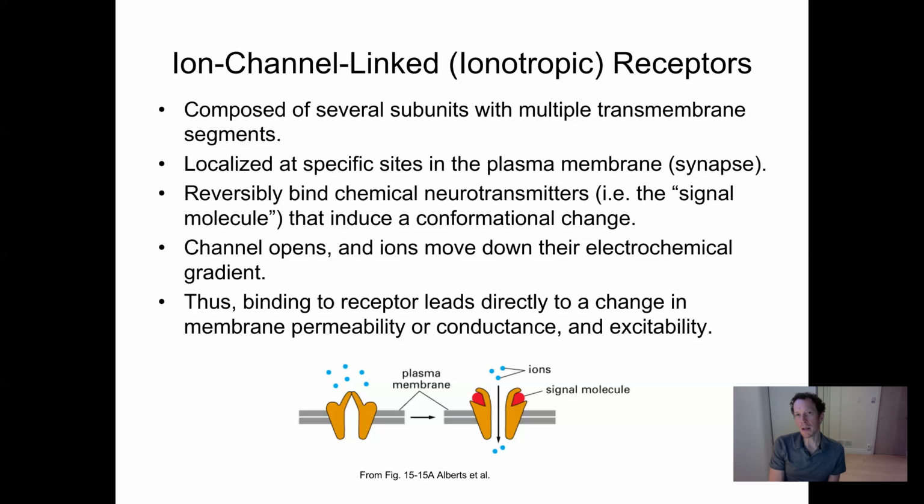But excitability is basically a tendency for a cell, like a nerve cell, to respond in the form of an action potential. Cells have a resting membrane potential that is usually around minus 70 millivolts.